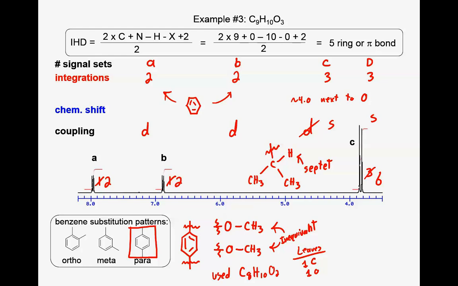And what about our hydrogen deficiency? Yeah, so how many have we used up to this point? We've used 4, right? We've got a ring here, and then we've got 3 pi bonds here, so that's a total of 4, but we know that our structure, based off of our formula, must have 5. And so we've got 1 unit of H deficiency.